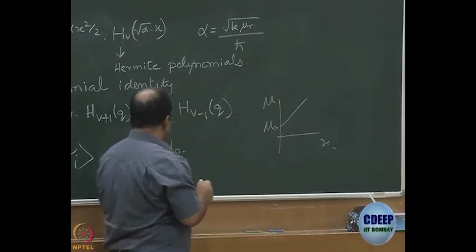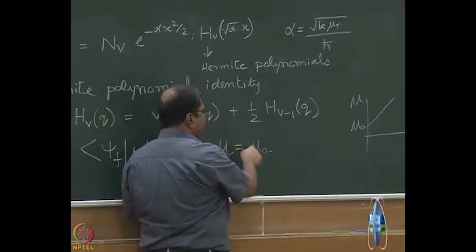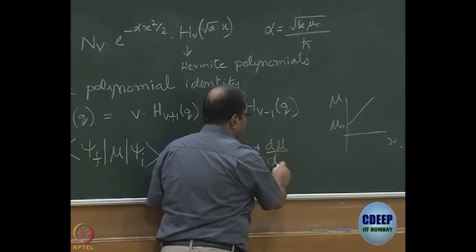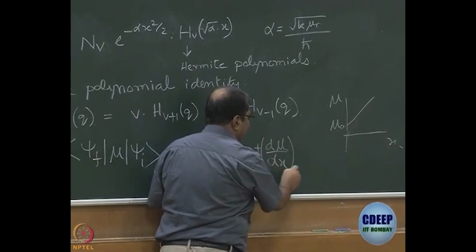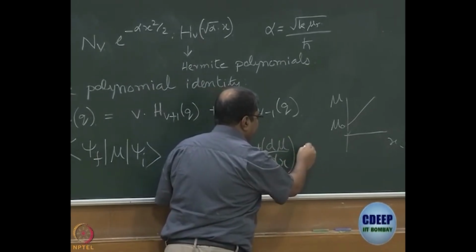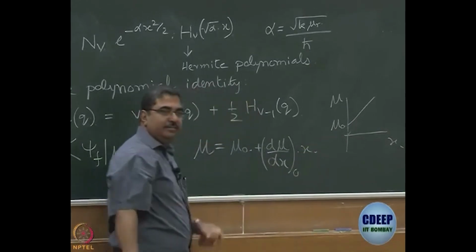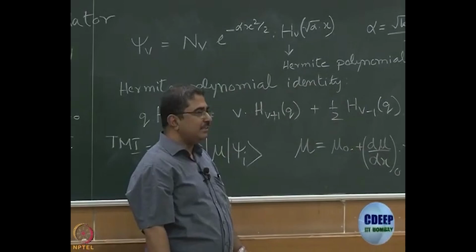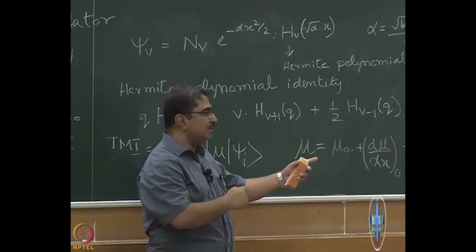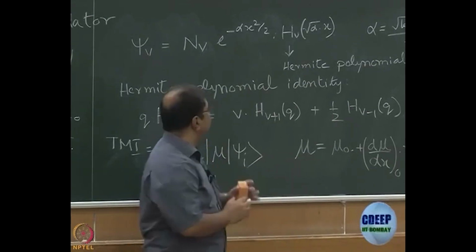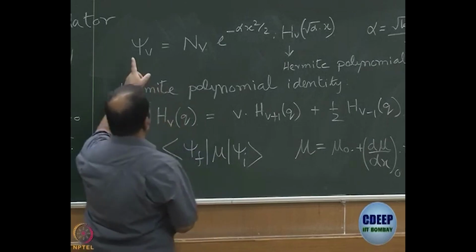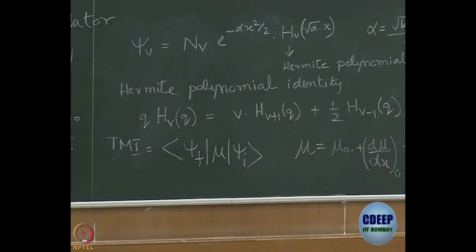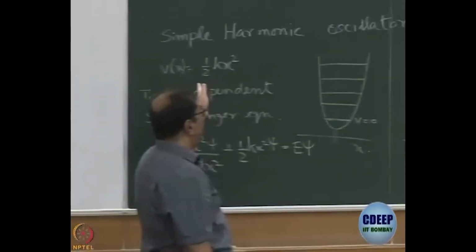And if that is a straight line, what will my equation be? Mu will be mu 0 plus d mu dx at equilibrium position multiplied by x. Are we clear with this? Slope multiplied by displacement, displacement starts from 0, okay. Now, we know this Hermite polynomial identity, and I hope we can erase this now.